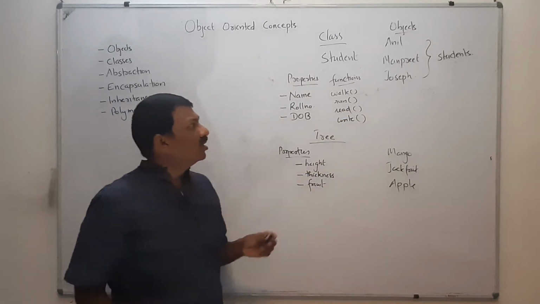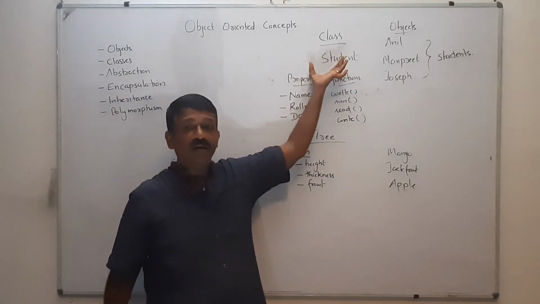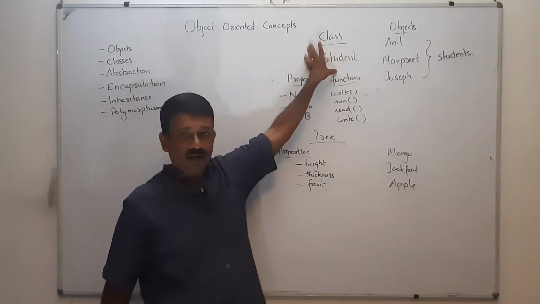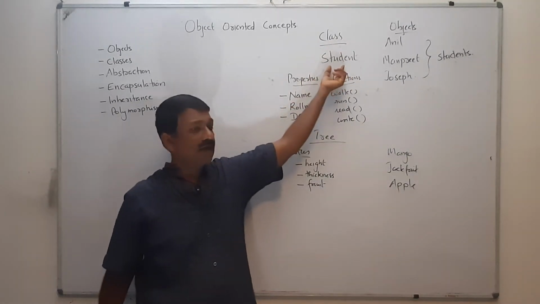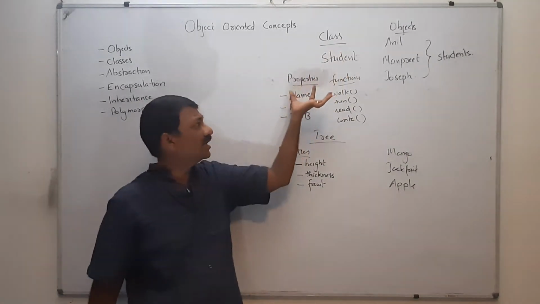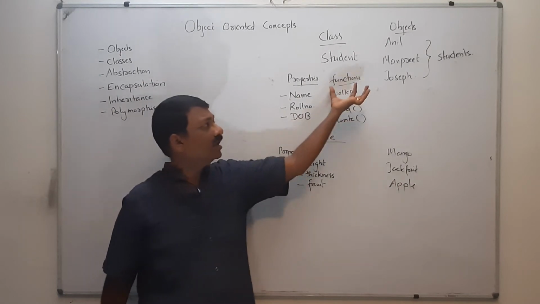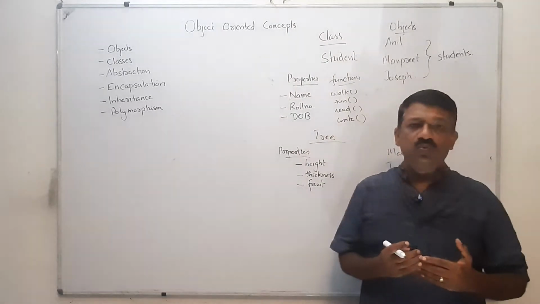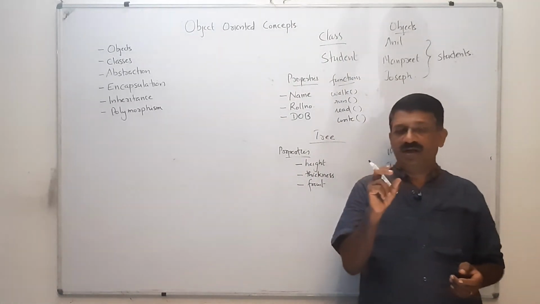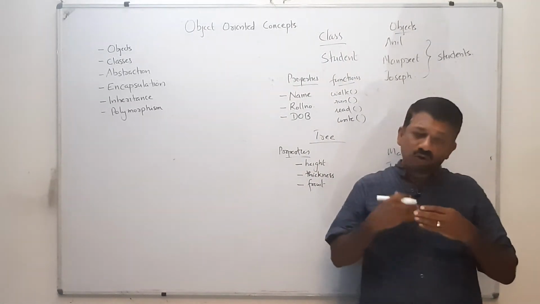So when we have a class, if you are developing a class, that class has got a class name followed by a set of properties and a set of functions. That means what the object can do. That means it's a verb.